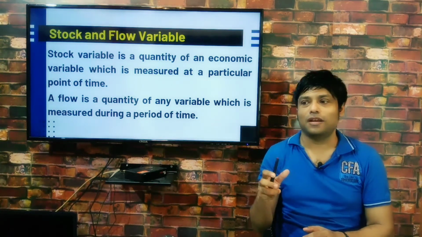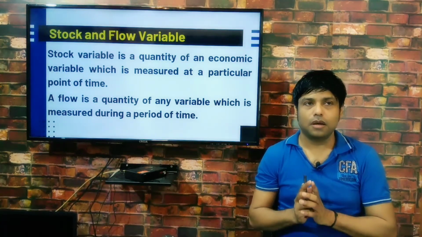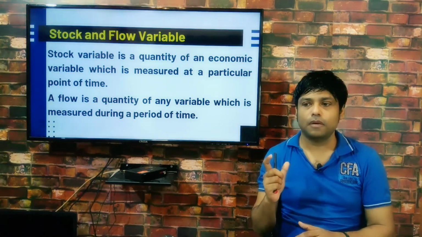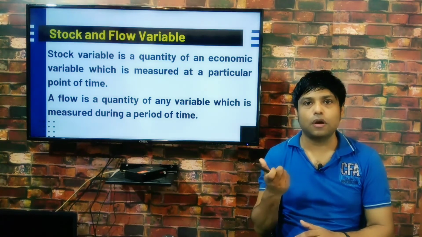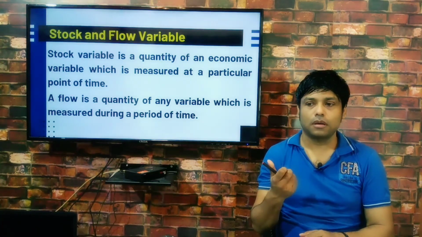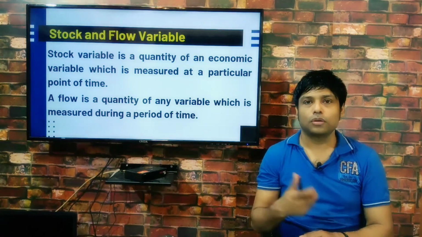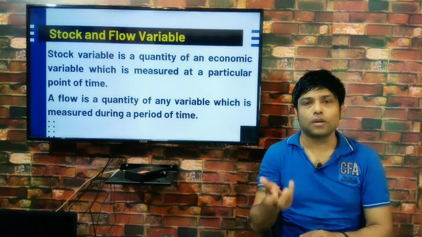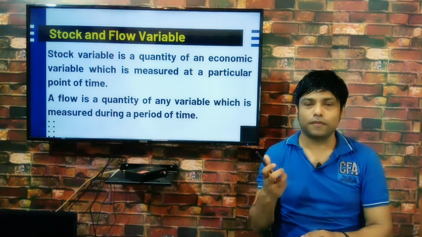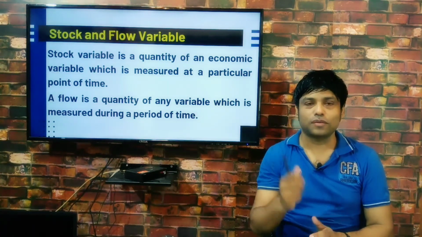Let me give you an economic example for both the concepts. For stock we can say 100 crore population of India in the year 2001, and total capital of rupees 5 crore of a firm on 31st March 2020, and then stock of raw materials of a factory on 31st March 2019.